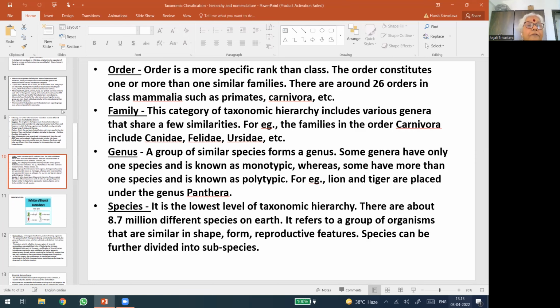Now, finally, the last two levels, genus and species together, are used for a very particular step in the taxonomic study of any living organism, that is called naming, or nomenclature.